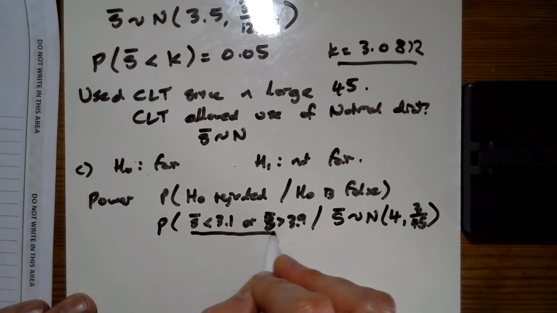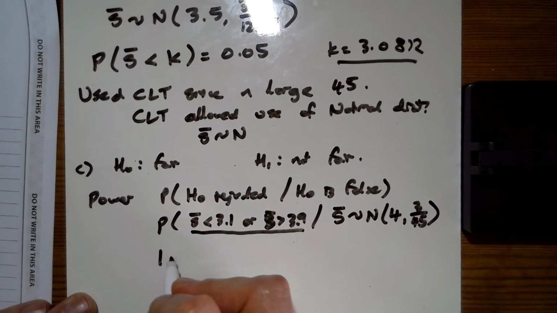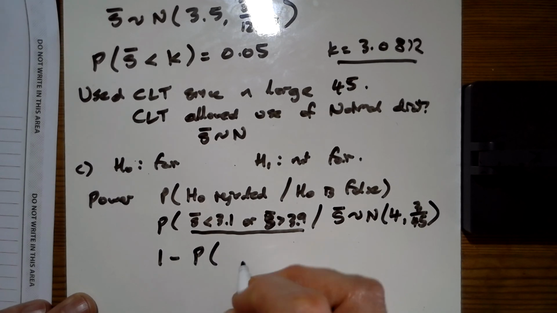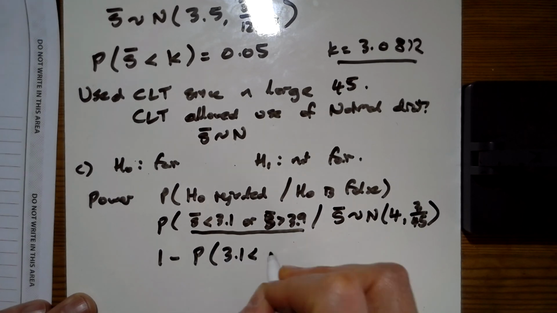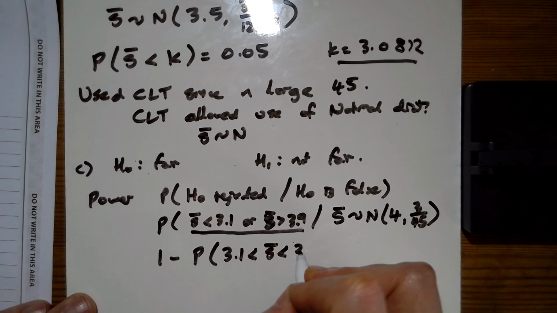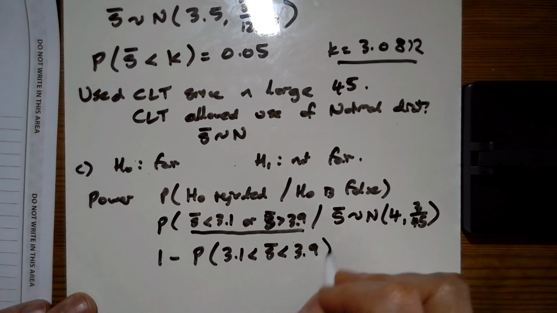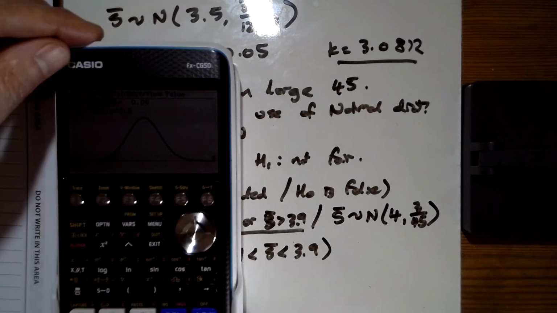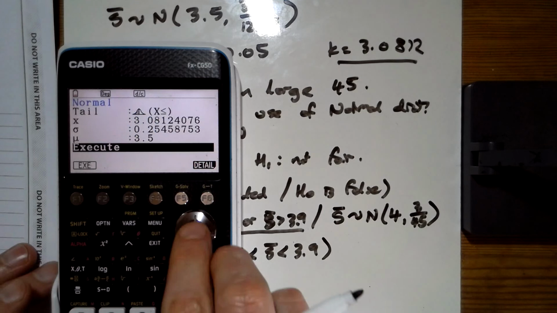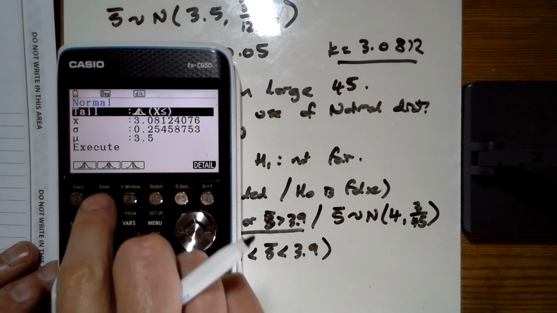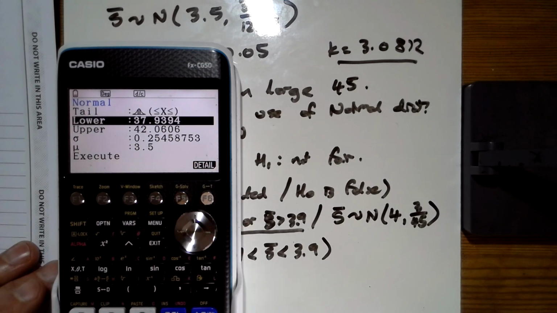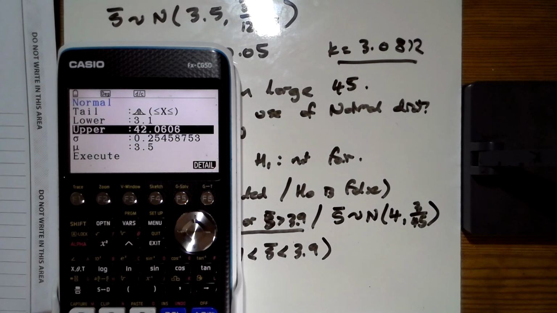Look, rather than do this in two separate stages, I'm just going to do 1 minus the probability that it's between the two of them. So I'm going to work that out there. Let's go for it. So my bit I'm going to go between 3.1 and 3.9.